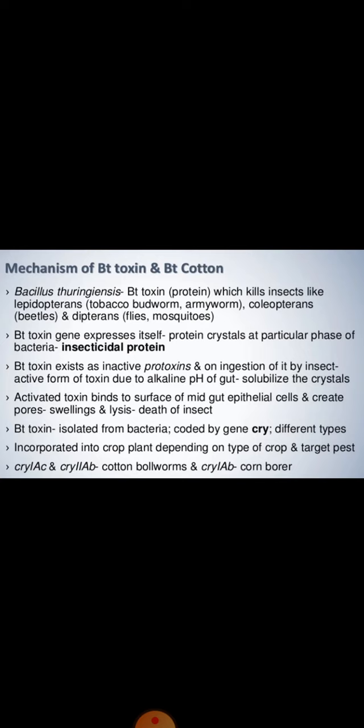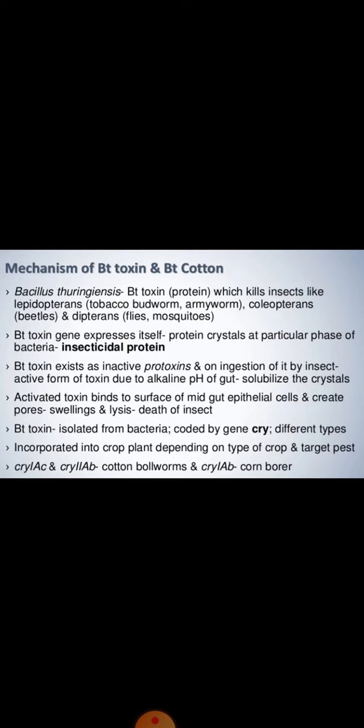Now how it works. Bacillus thuringiensis forms protein crystals during a particular phase of their growth, and these crystals contain a toxic, insecticidal protein. Now here the question arises: why does this toxin not kill the Bacillus?